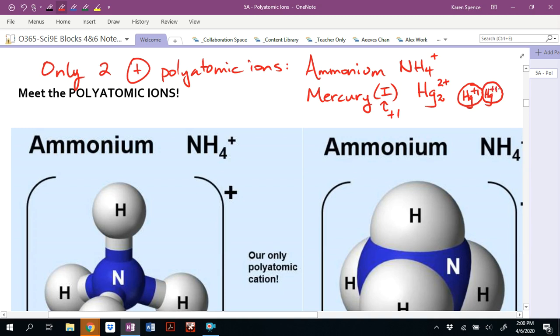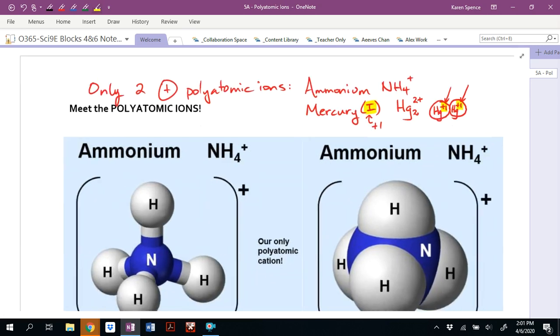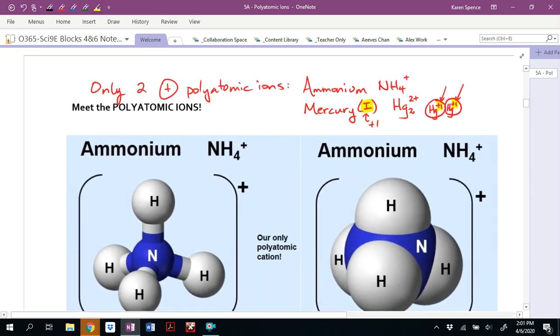So you can see that each individual mercury has a +1 charge, and that's why it is mercury 1. But because we have 2 of them actually attached together, the overall polyatomic ion has a 2+ charge. At any rate, those are our 2 polyatomic cations.